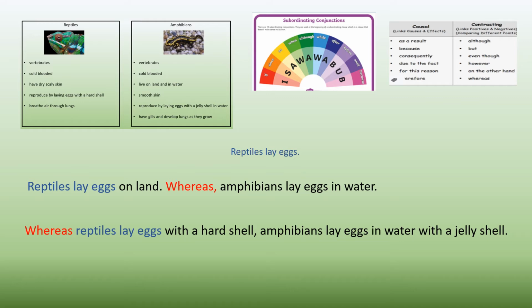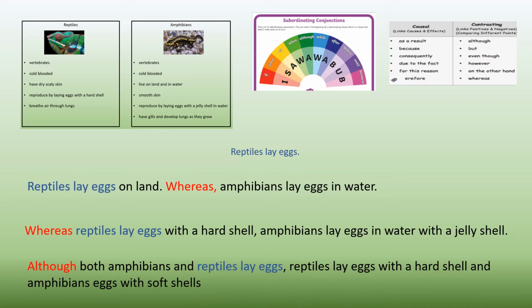Here's another example. Although both amphibians and reptiles lay eggs, reptiles lay eggs with a hard shell and amphibians lay eggs with a soft shell. You can see there are loads of different ways of using this kernel sentence, adding your extra information and using conjunctions to show the difference between the two.